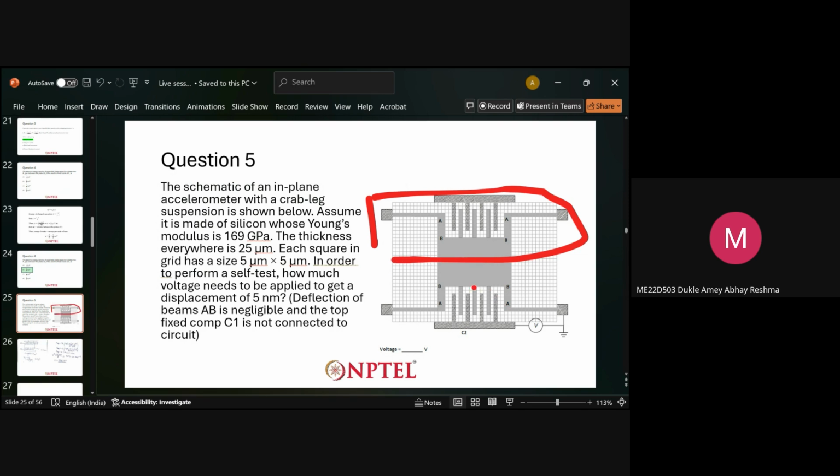So now you have to just consider the stiffness of the beam. The upper side is not connected, so for the voltage equations you do not consider this, but for the stiffness, since this is not connected to the circuit, these capacitors you have to ignore. So these capacitors which are there, you have to ignore them.